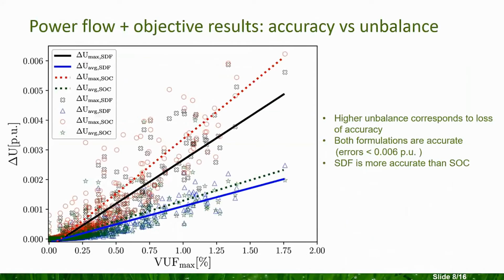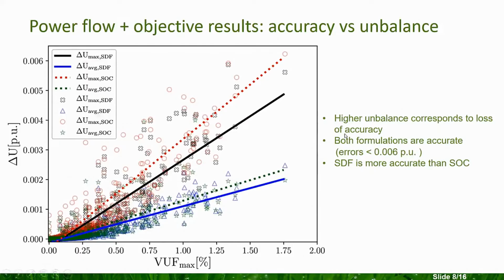These are the results on the voltage accuracy for the power flow plus objective problem. The solid lines represent the average and maximum accuracy error for the SDF formulation, and the dashed lines for the second order cone formulations. It is immediate to see that the SDF is more accurate, and indeed with higher unbalance you have higher accuracy losses.